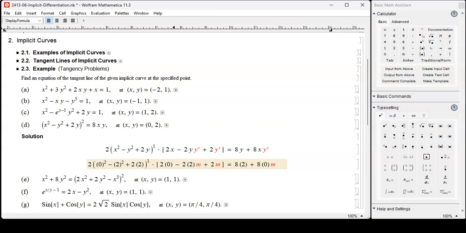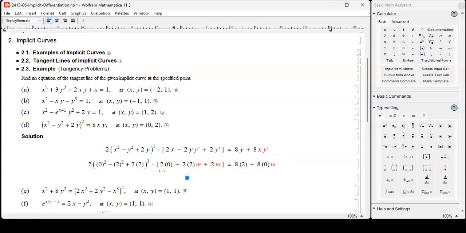Okay, alright, and let's do this computation. Let's see, what do you have here? 0 minus 2 squared is 4, plus 4, so this entire thing is 0. Is that right? 2 times 0 times whatever. Right-hand side is 16 plus 0.